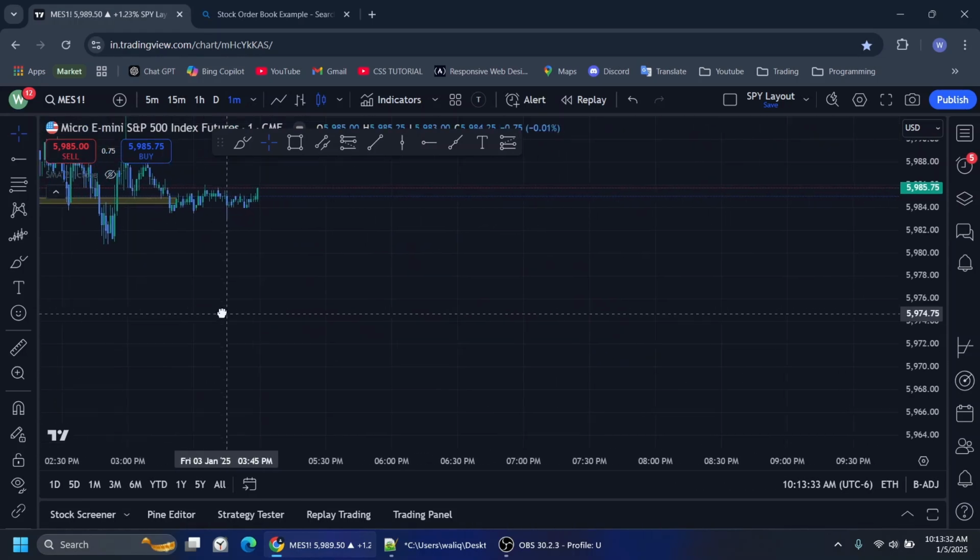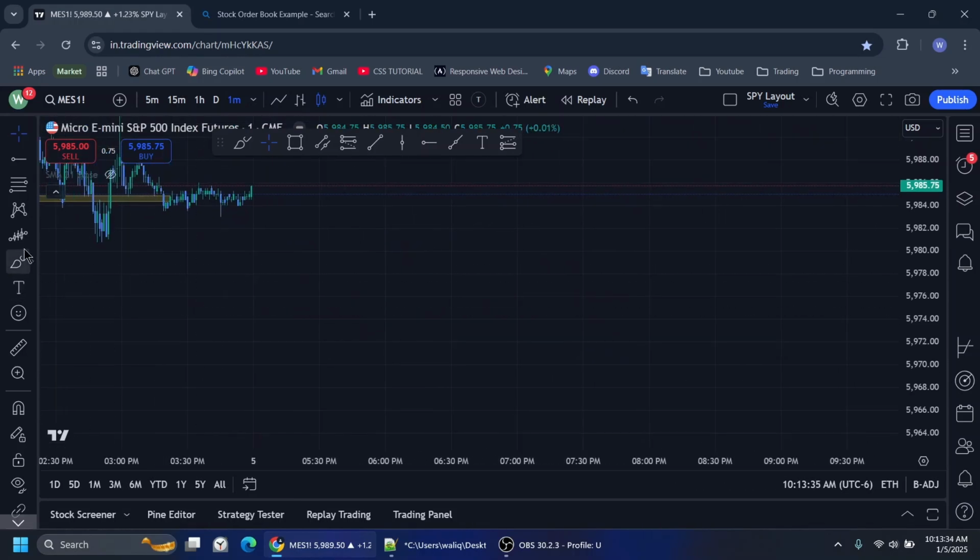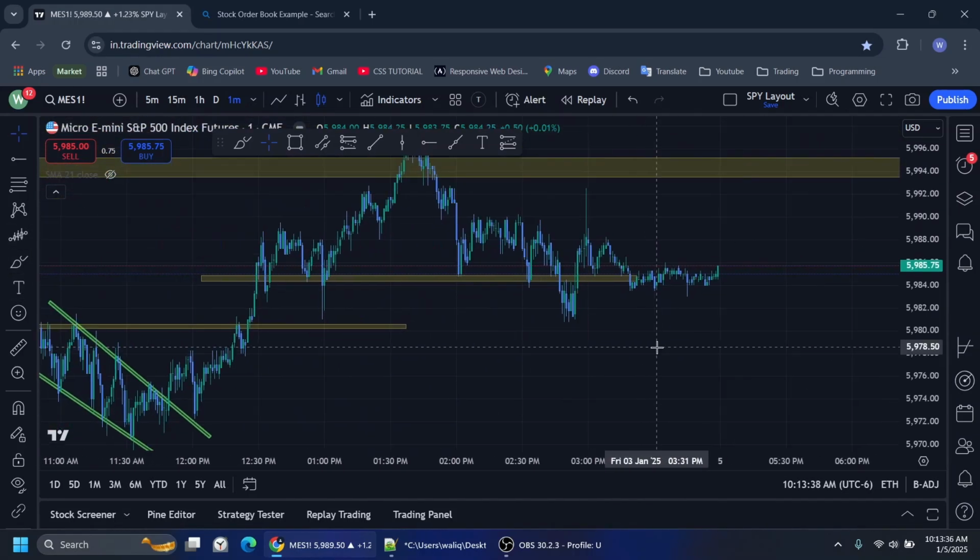What they're going to do is create one of these textbook patterns, which we have all learned on all these YouTube videos and in the books on technical analysis. That's what they're going to try to make or mimic in order to entice us, right?